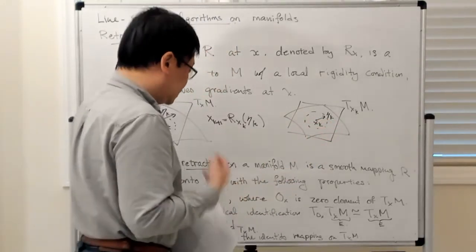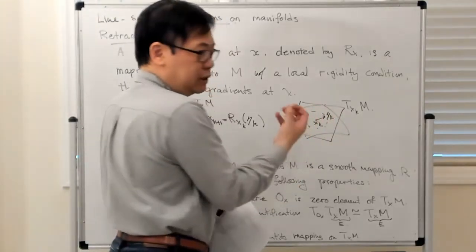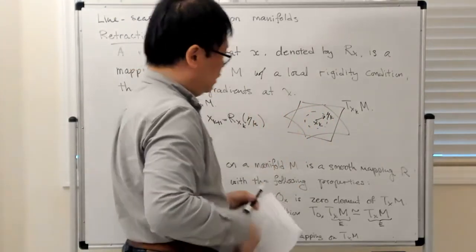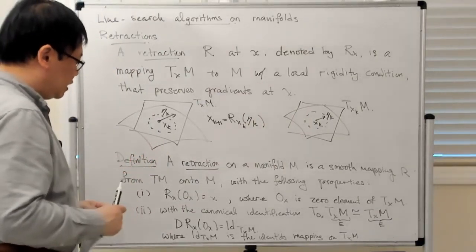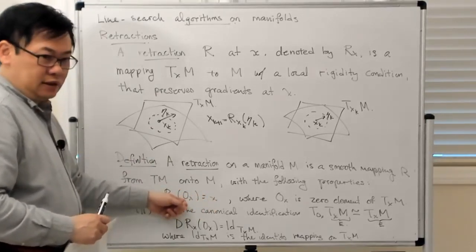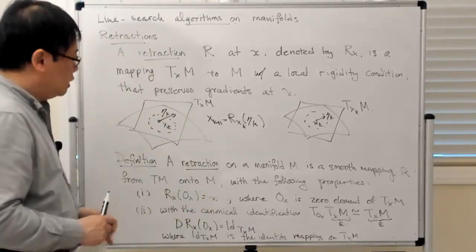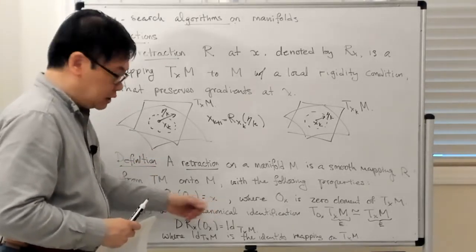So there's a sense in which a retraction is morally like the inverse of a coordinate chart, right? But it has some additional properties because it maps x to basically the origin in Rn, right? That comes from this condition.